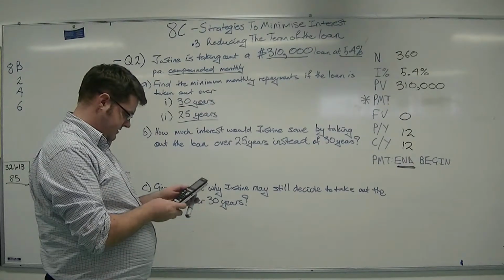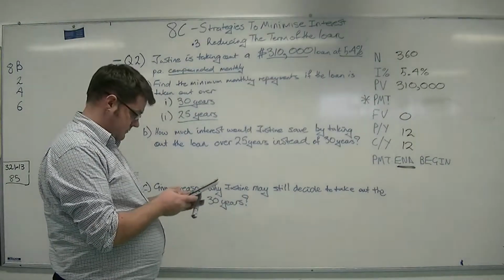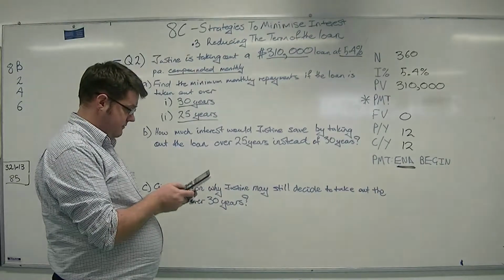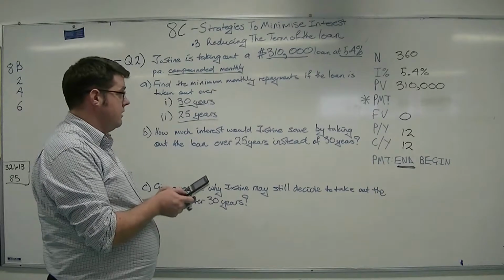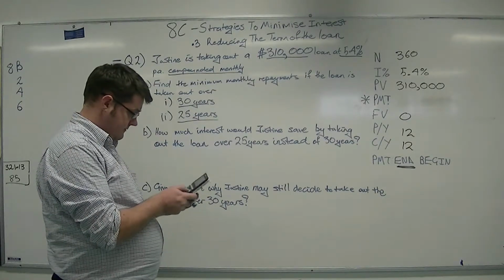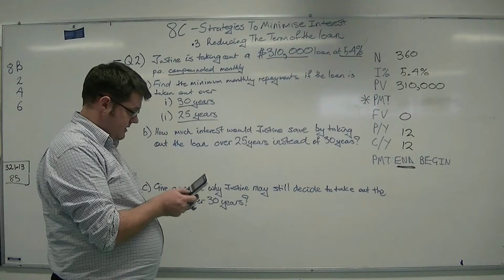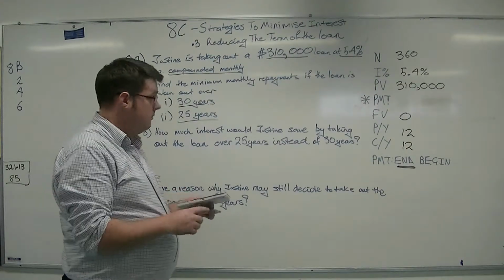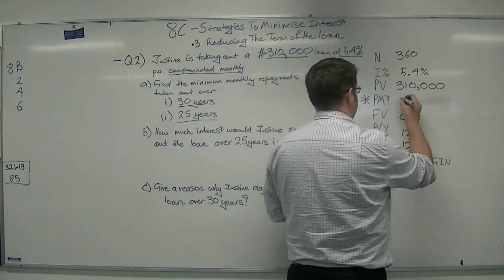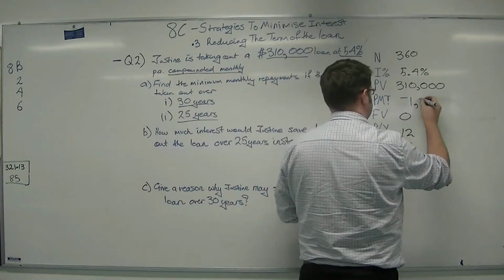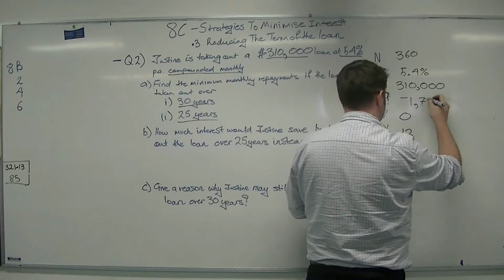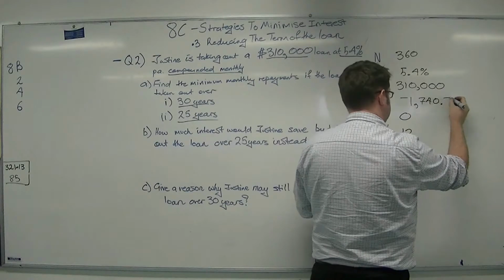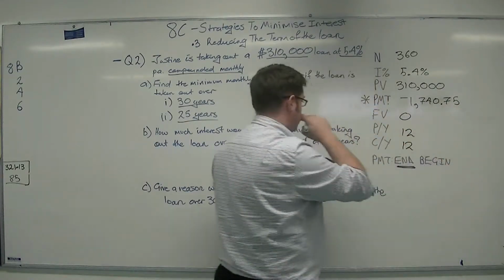So, we plug that into our calculator. We'll start with 360, 5.4, 310,000, 12, 12, 0 for future value, and we solve for our payment value. We end up with minus $1,740.75.